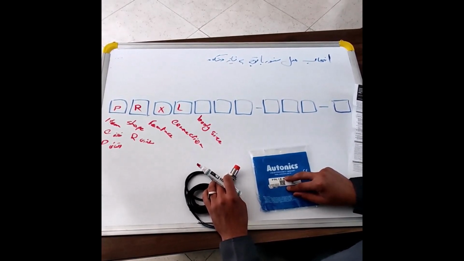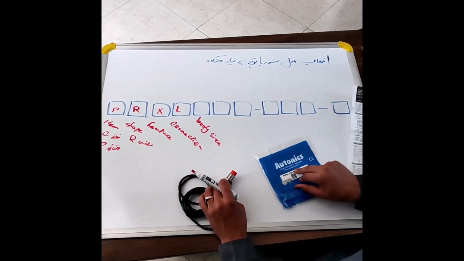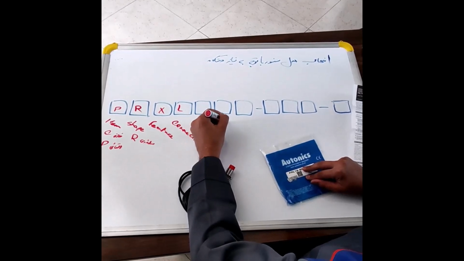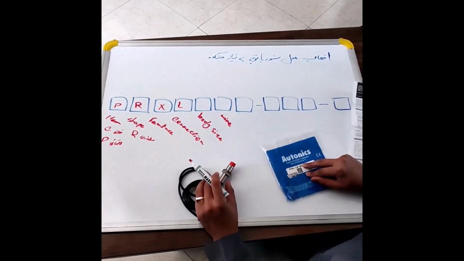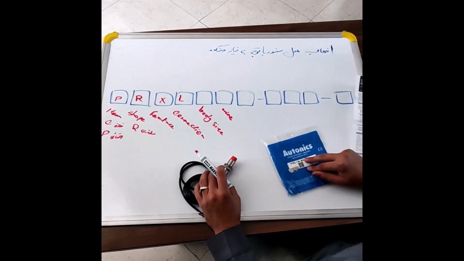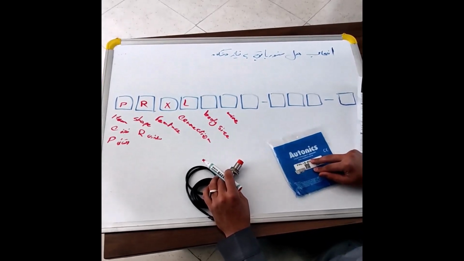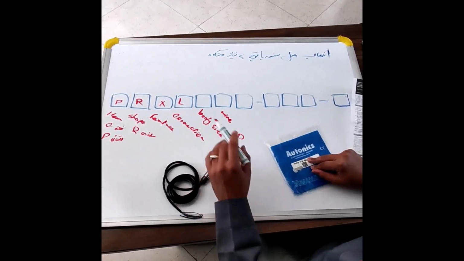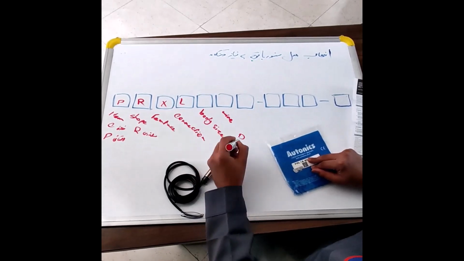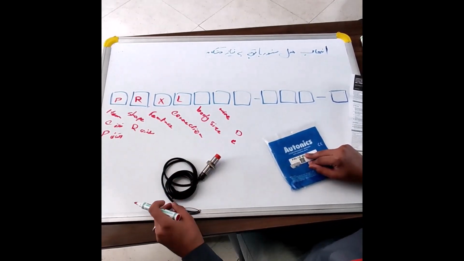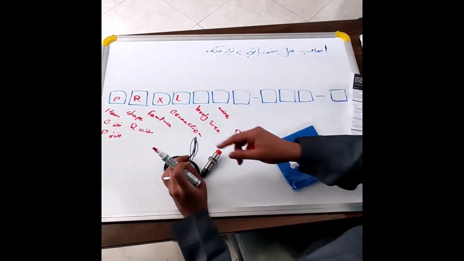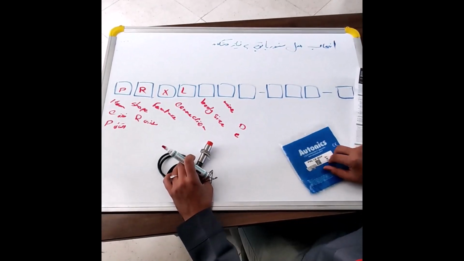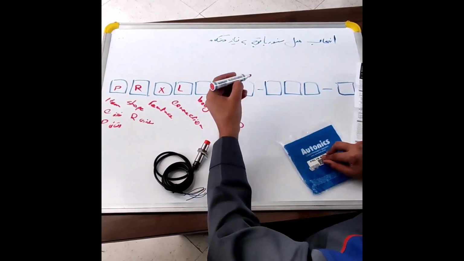And the sixth square is related to the sensor cable, which indicates whether the sensor is two-wire or three-wire. If the display is the letter T, it is a two-wire, and if it is empty, it is a three-wire. There are three blue, brown, and black wires on the sensor.